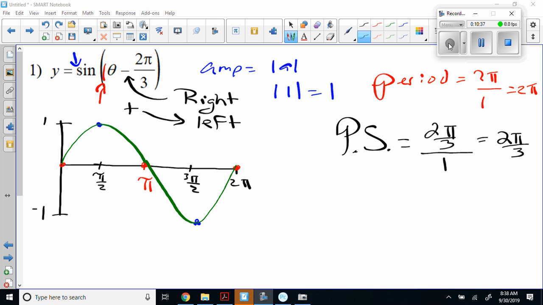It's before pi over 2. What can we do? It's after pi over 2? Not in the middle. Okay.